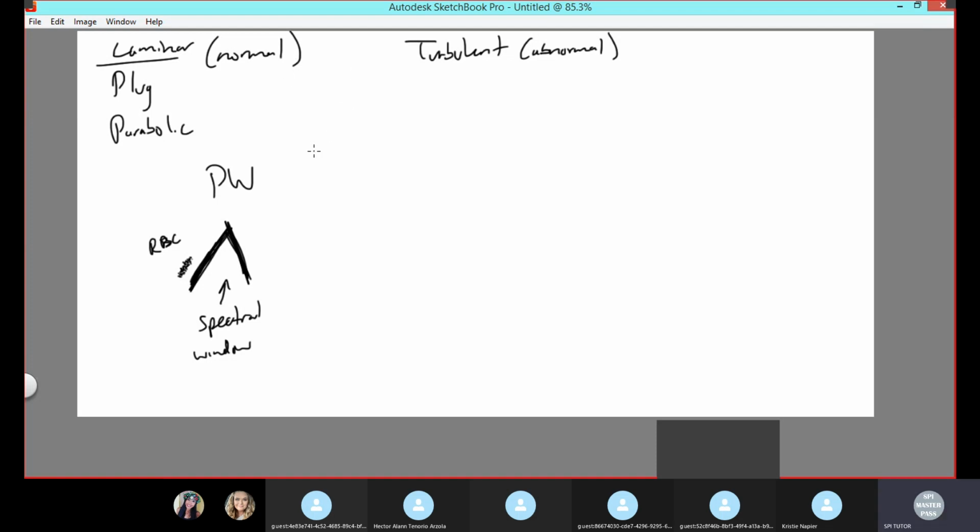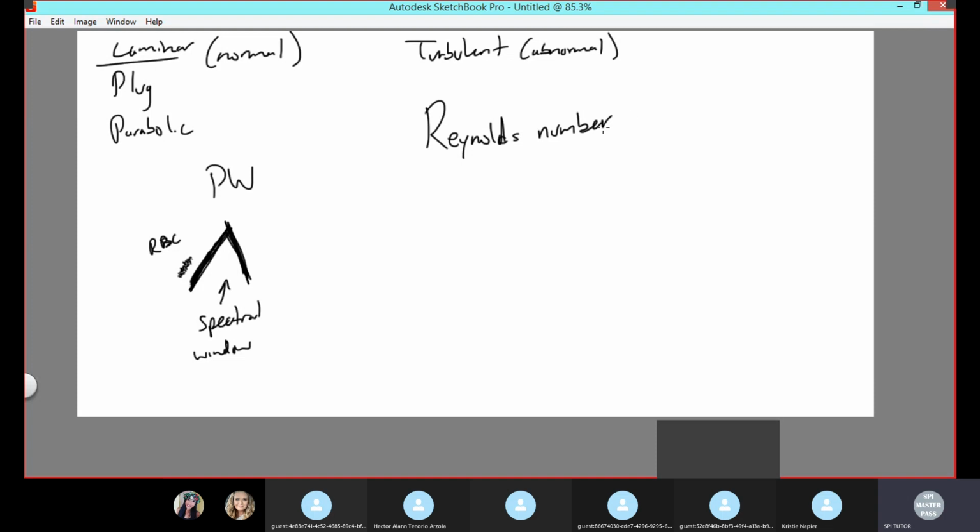And then pulsatile flow versus phasic flow. I wouldn't worry too much about that, but these are just definitions. Pulsatile is arterial, phasic is venous. That's really it. Now Reynolds number. Reynolds number is important to know only because I think it's kind of a guarantee that you'll be asked about this.